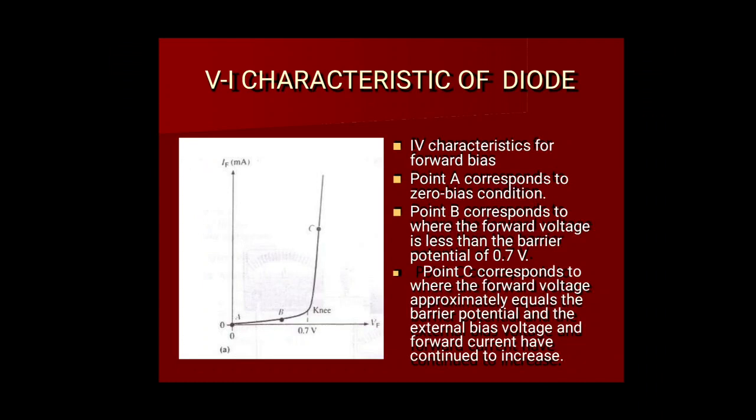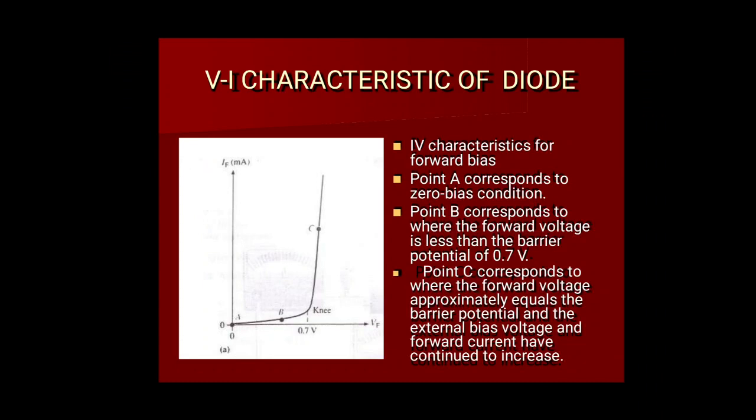Point B corresponds to where the forward voltage is less than the barrier potential of 0.7 volt. 0.7 volt is the barrier potential voltage in a silicon diode. This characteristic corresponds to the silicon diode. So the current increases slowly up to 0.7 volt.